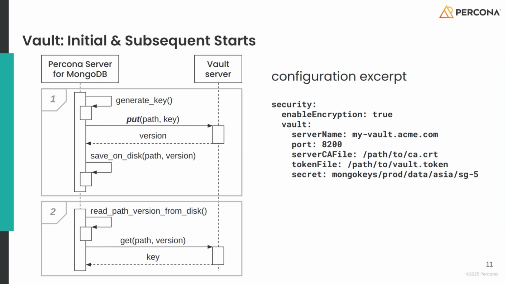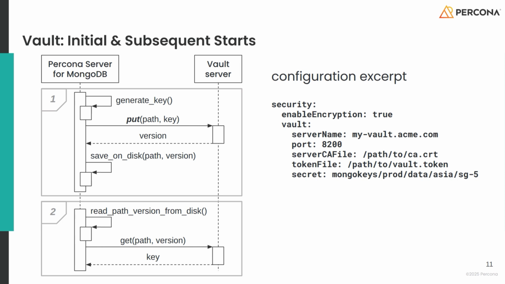Similar to KMIP, block 1 in the sequence diagram on the left shows what Percona server for MongoDB does at initial clean start. It also generates a key, puts it on the Vault server at the specified path, and gets the version in return, and saves both path and the version to the disk.